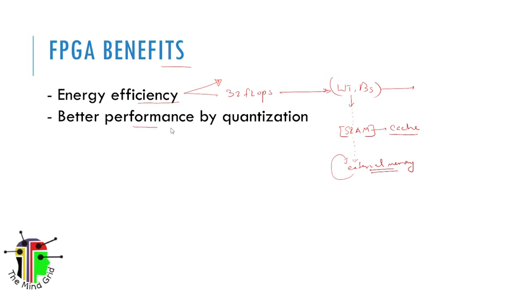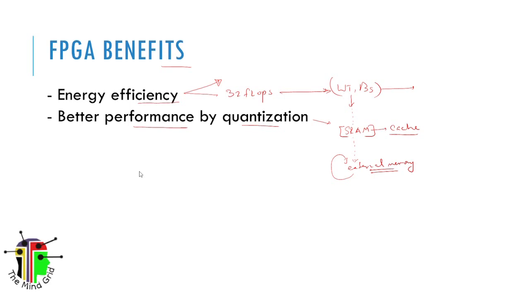So better performance through quantization and all these optimization tricks that we talked about gives us overall some benefits using FPGA. But at the end of all this, I guess we should consider if the GPU is the best option for us or if an FPGA can do some of the work.